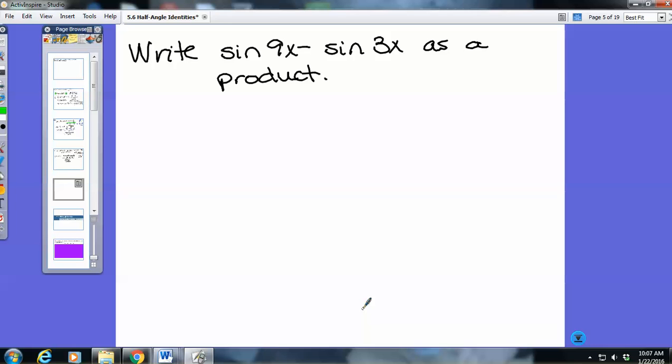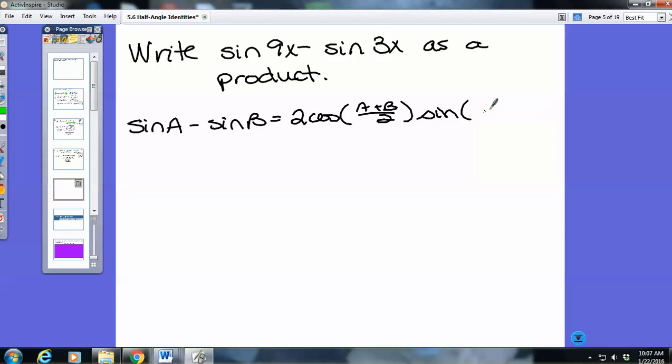So we have to change it from a sum to a product. So every single one of you should have your flip chart out right now. So we're starting with the sum. We want a product, so you're going to sum to product. And which one does this look like? Sine A minus sine B equals 2 cosine of A plus B over 2 times sine of A minus B over 2. On your quiz, make sure you're writing down the formula you're using.